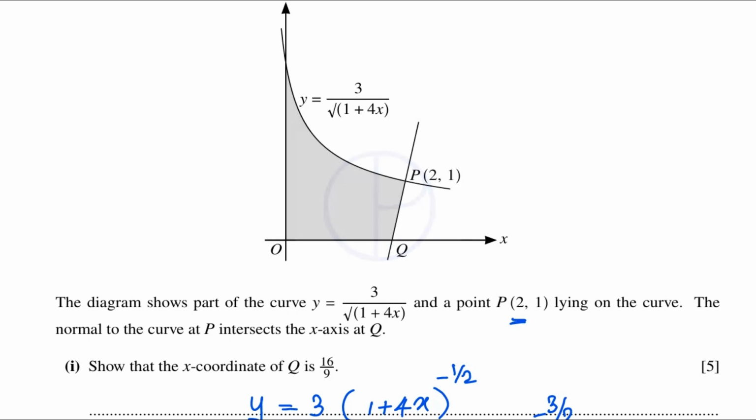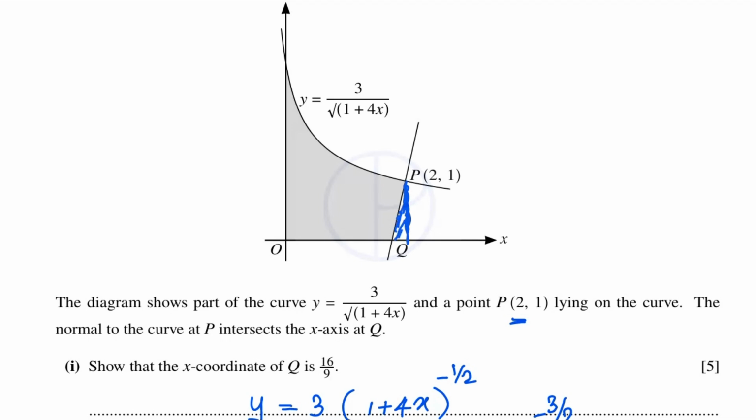Okay. So here also we are going to use the same, but area under the curve will be including this part. But we don't want this area. We want only the shaded region.